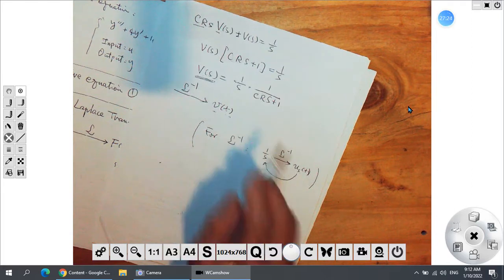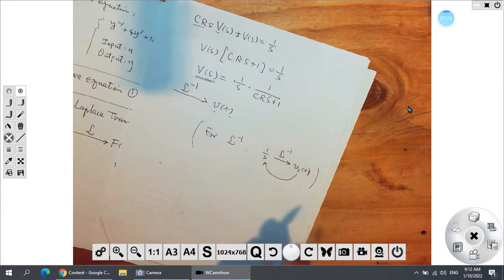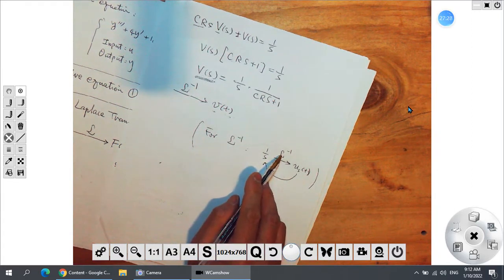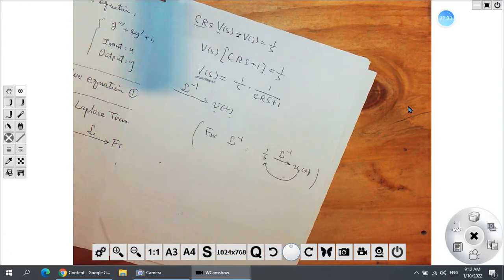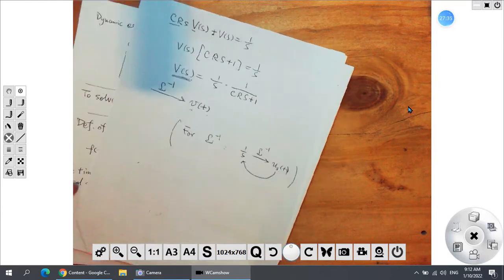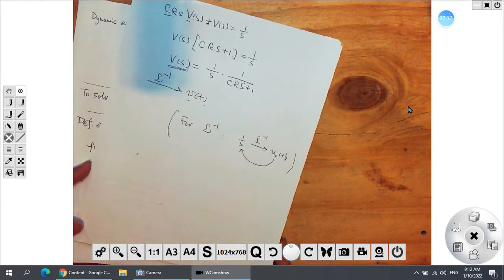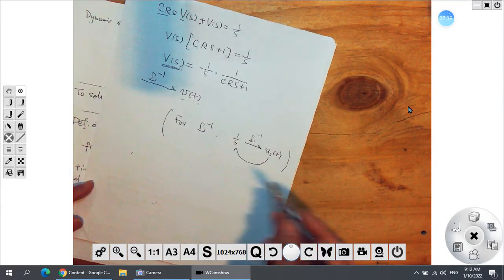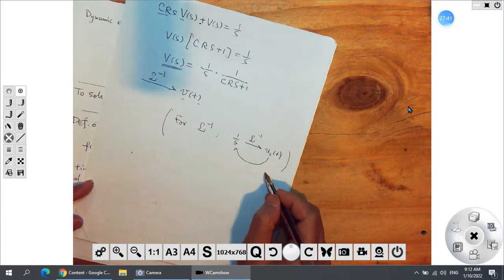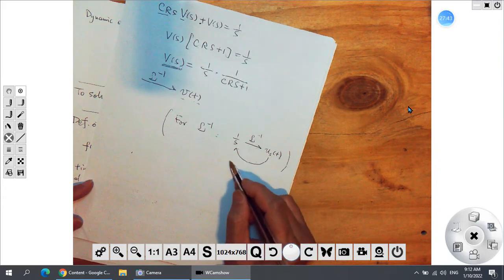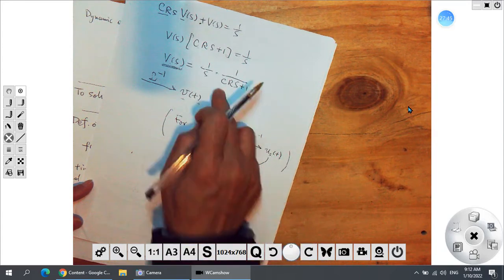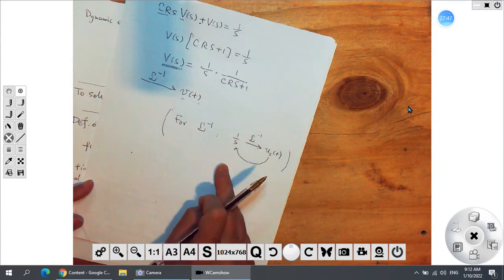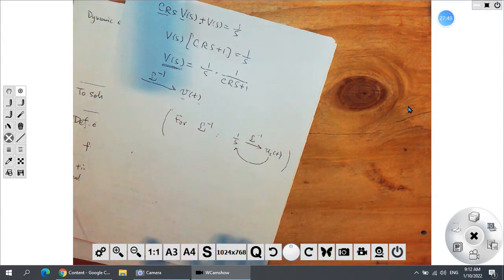Then we know, okay, that one is the inverse Laplace transform. Sounds good, right? If you do not have enough results here, then you have to try: select a signal, find the Laplace transform, and see whether it is the same as your Laplace transform. That will cost a lot of time.